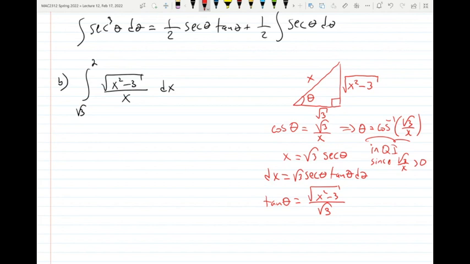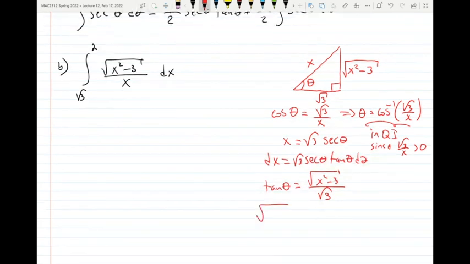Now, at this point, you need to make a decision to see if this is consistent, because we're basically saying that this square root equals square root of 3 times tangent. So here we need to see our angle is in quadrant 1, therefore tangent is positive, the square root is positive, we are good. If the limits would have been from -2 to negative square root of 3, for example, the angle would be here in quadrant 2, and therefore we need to put a minus in here.